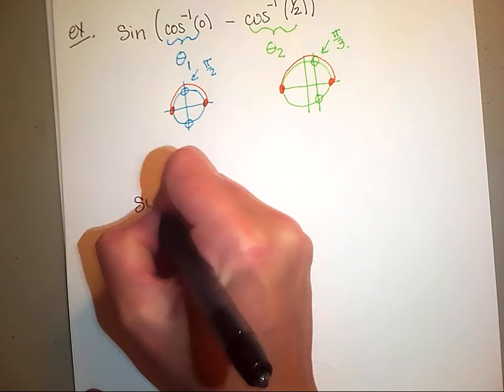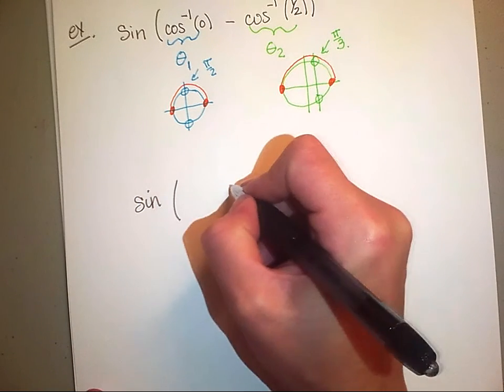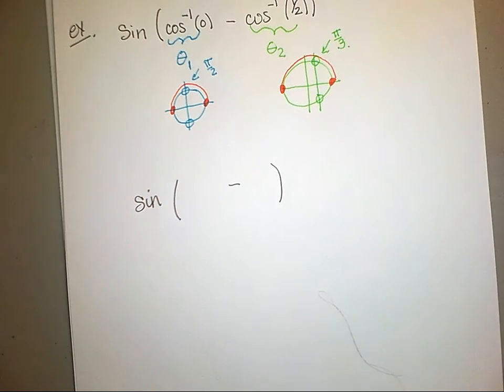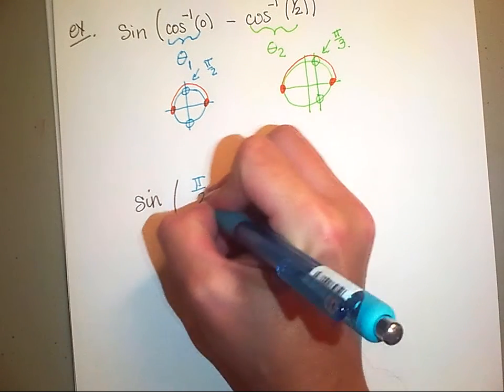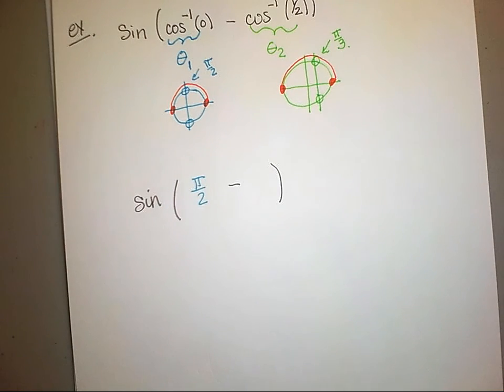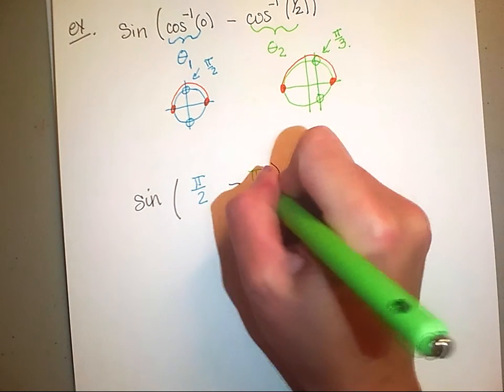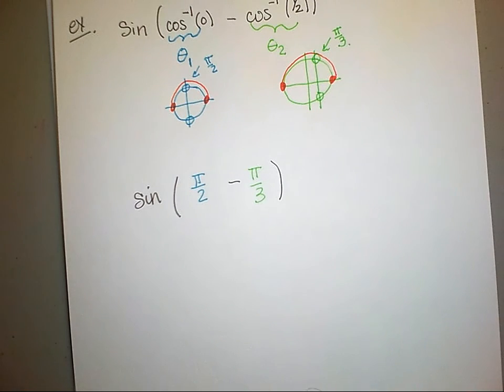So really what we're being asked to do is to find the sine of pi over 2 minus pi over 3. Okay, so let's do that.